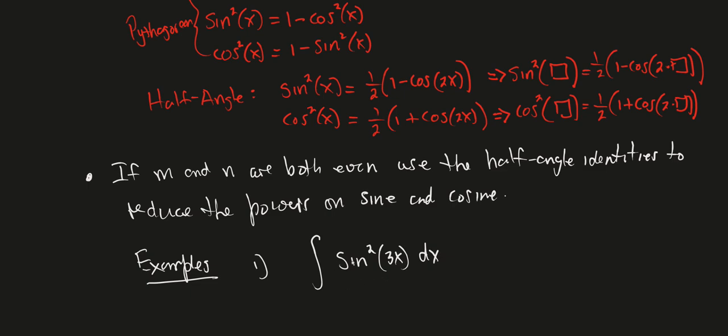In fact, if you try it and check your work by differentiation, you will not get back this original thing. You're going to get something a lot more complicated, right? So since this is a power of sine, and since the power is even, then I can utilize my identity, right? So I can express this as another trig function that doesn't have a power of 2. In fact, it will have a power of 1.